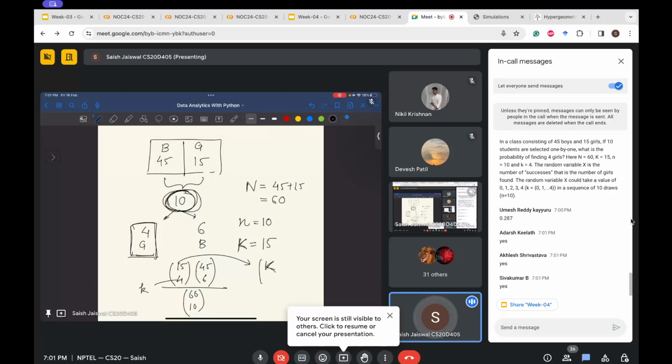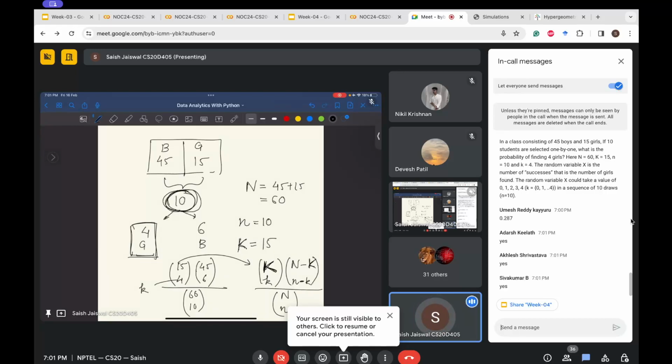So this capital K is the total number of favorable cases, out of which you are getting k successes, and the rest will be capital N minus capital K, which is the number of boys, out of which you are getting small n minus k boys. In total you have capital N, out of which you are taking a sample of size small n.